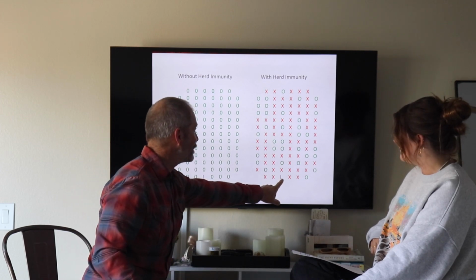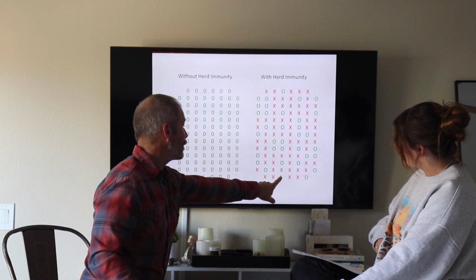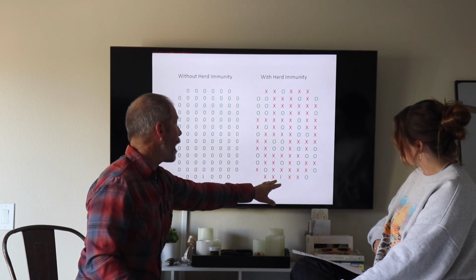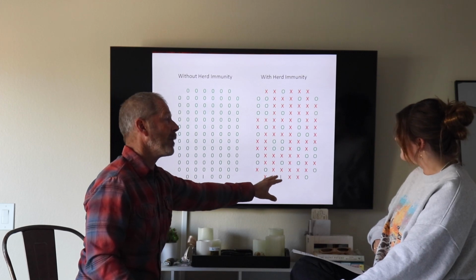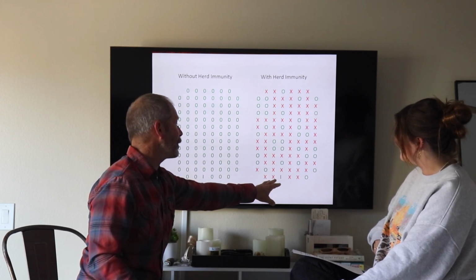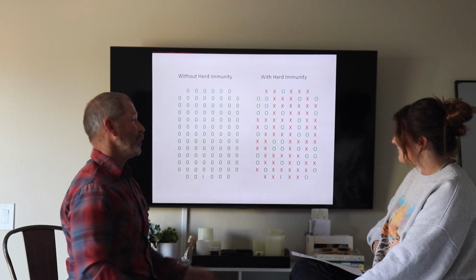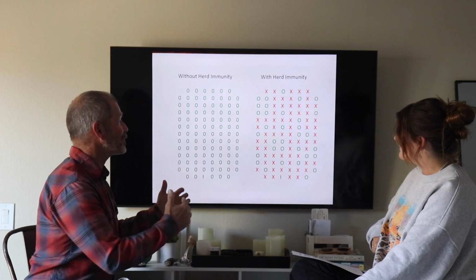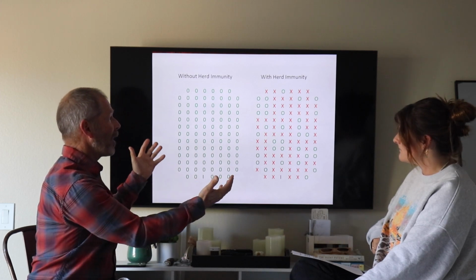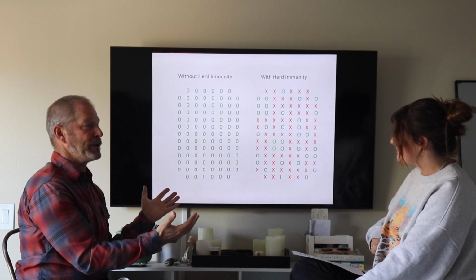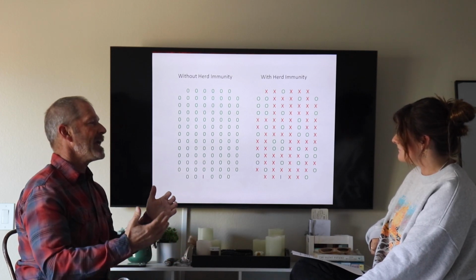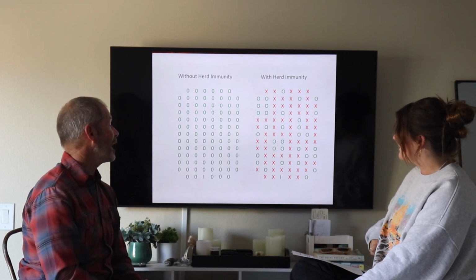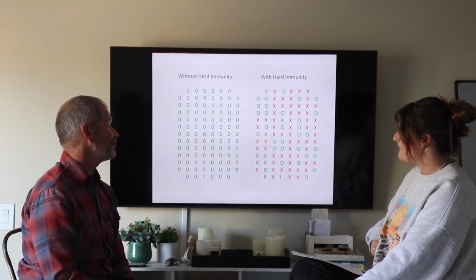If an infected individual comes into this community, even though there are a lot of people that don't have immunity, if the people immediately around them have immunity, then they aren't able to pass it on and spread it to the people who don't have that immunity. Essentially, by having a high percentage of people in the population being immune, it protects the whole community, keeping them from getting sick.